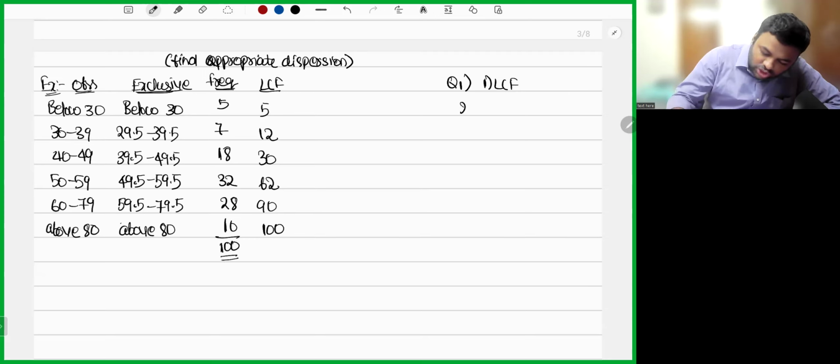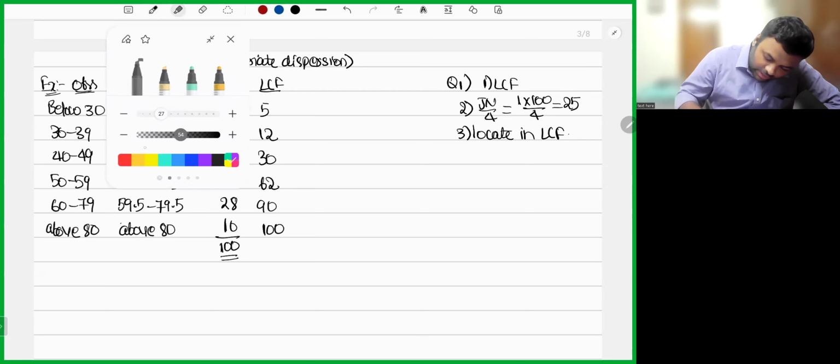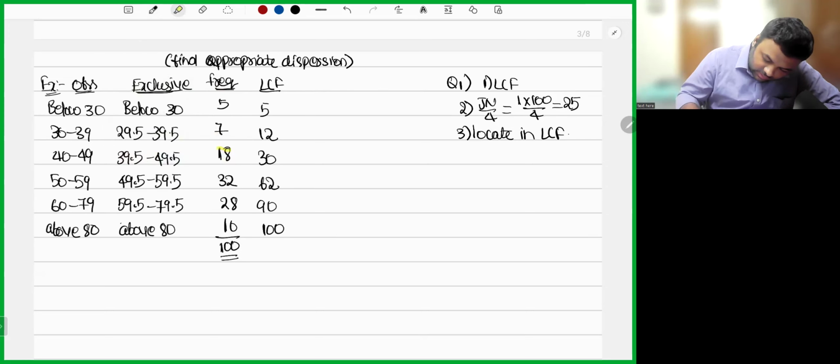Second step, you will do Jn by 4. 1 into 100 by 4 is simply 25. Locate in LCF. When 25 is not there, what will you do? You will simply go for the next highest value.